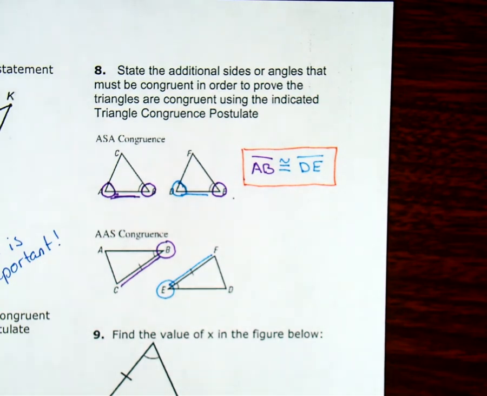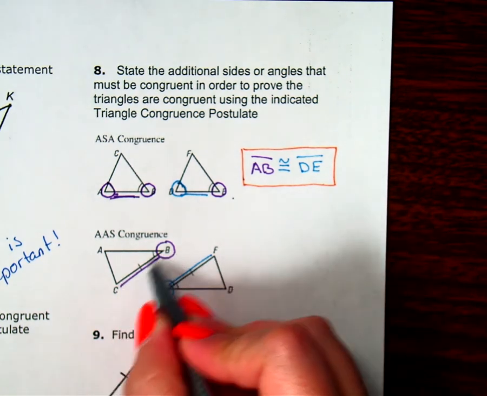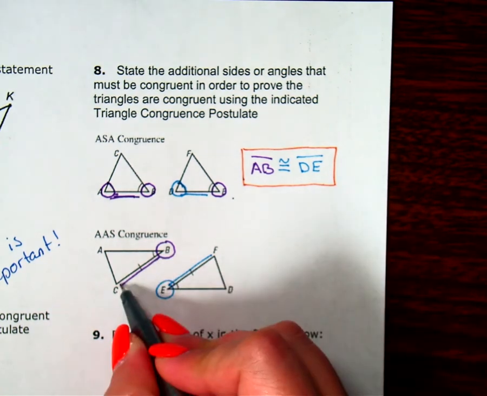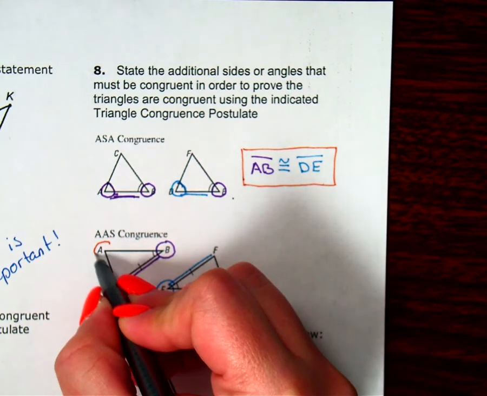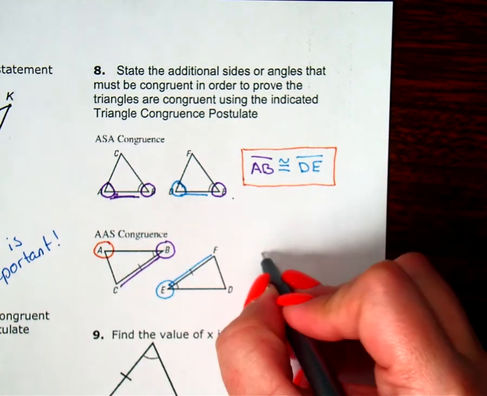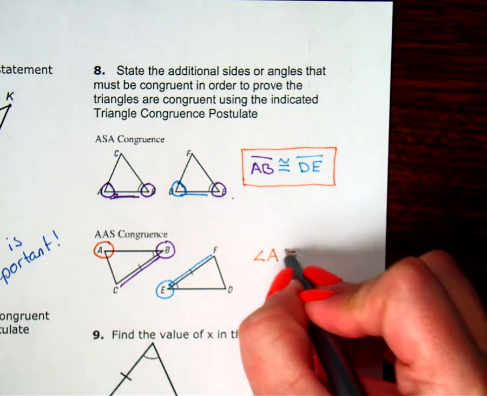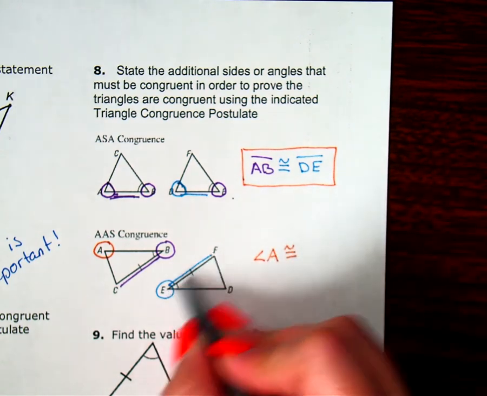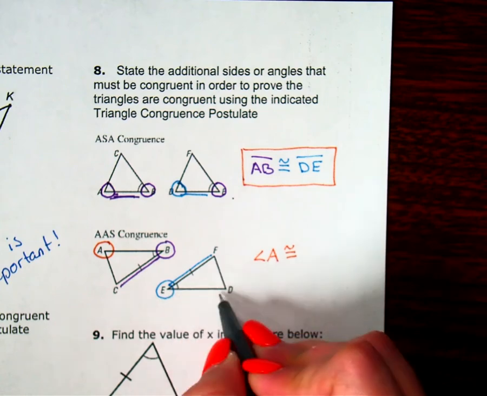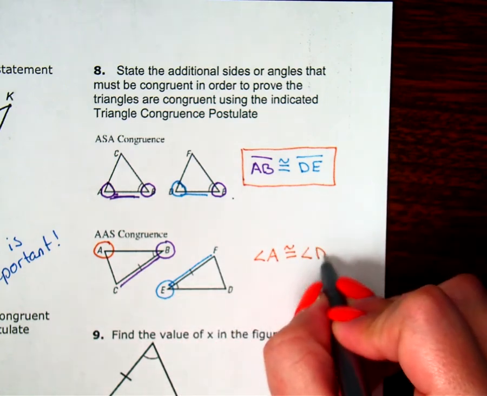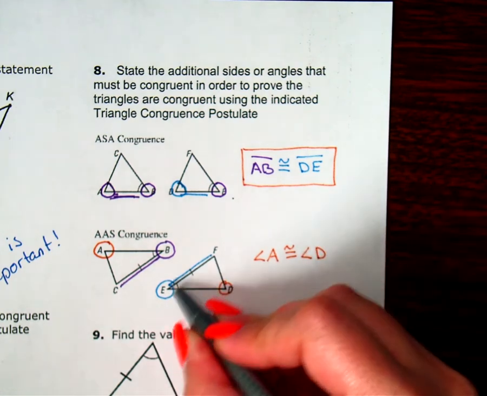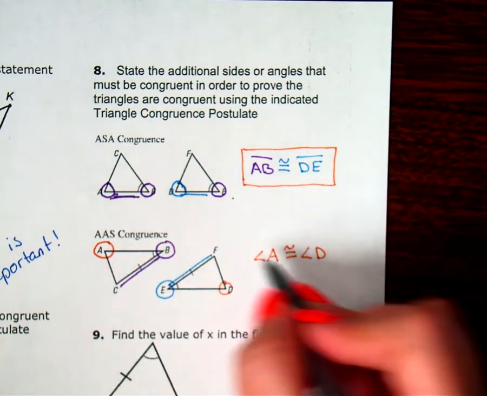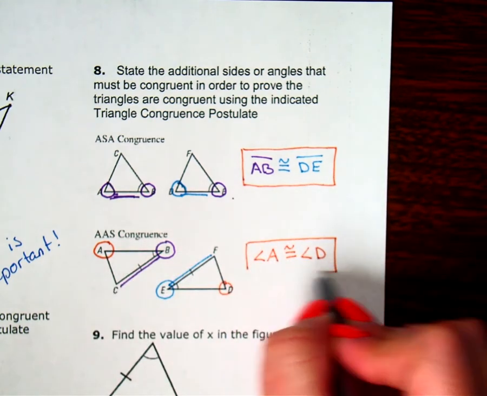So I want angle, angle, side, which means I don't want this side to be connecting the two angles. So if I choose C, it's going to be connecting, which means I have to choose angle A. And it needs to be congruent to, again, we don't want the same corner that's connecting, so it has to be angle D, so that it's not connected by the side and my side is outside.